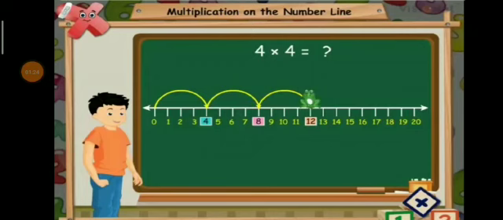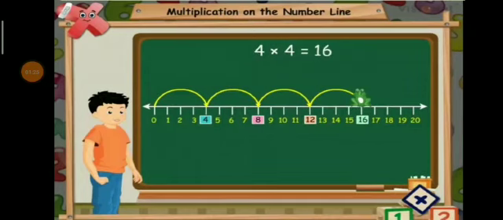Now, we have to take our fourth jump. So, again 4 steps ahead. 1, 2, 3, 4. We will come on 16. As only 4 jumps were required, we will not jump forward. We will stop on 16.